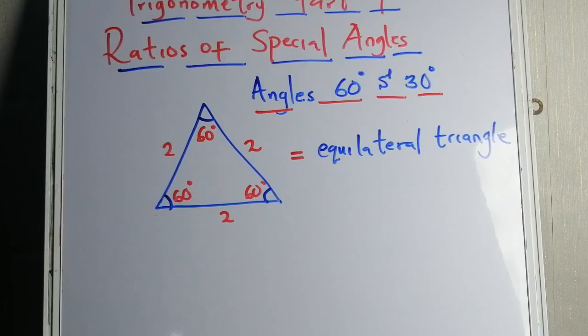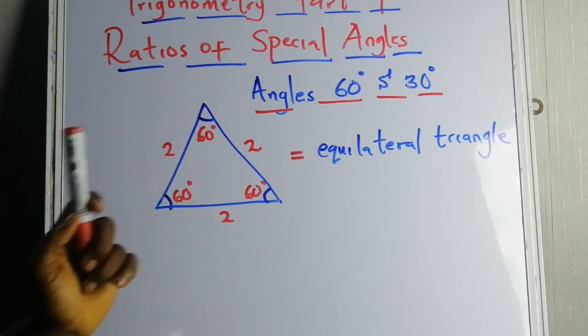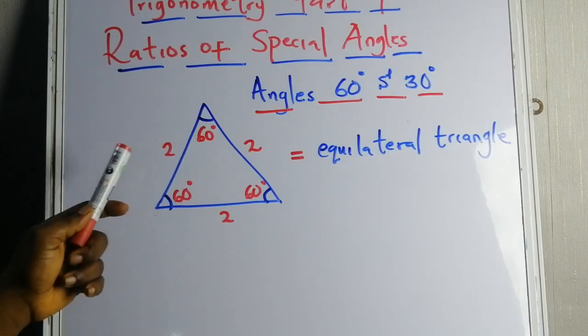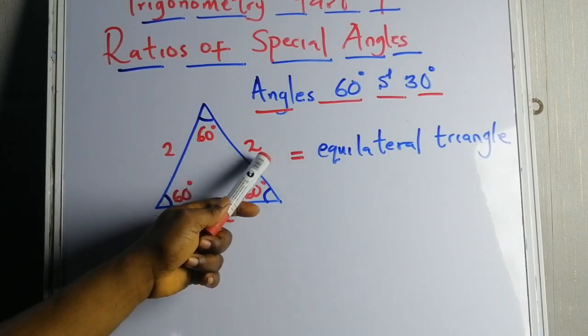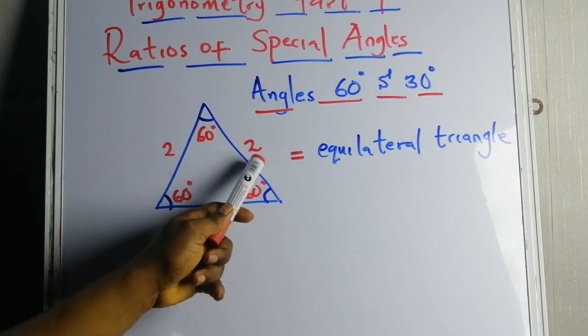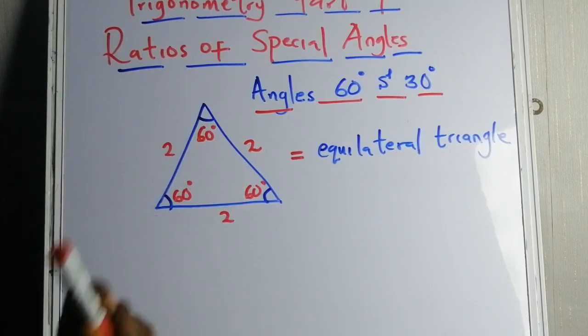All the angles in the triangle must be equal, which is 60 plus 60, 120, plus 60, 180. The other condition is that the sides are equal. If this is 1, this will be 1, this will be 1.